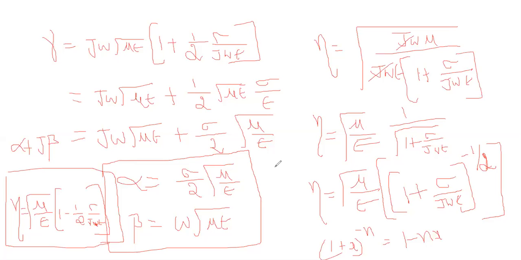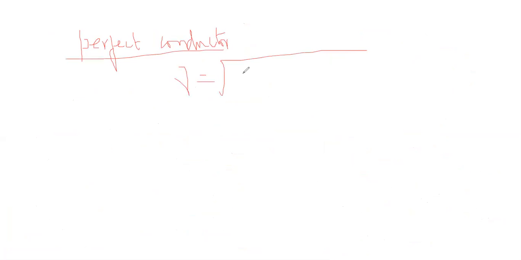Now coming to the perfect conductor, the perfect dielectric being completed. For the uniform plane wave in a perfect conductor, the same thing: gamma is equal to under root of j omega mu into sigma plus j omega epsilon, where epsilon is 0.